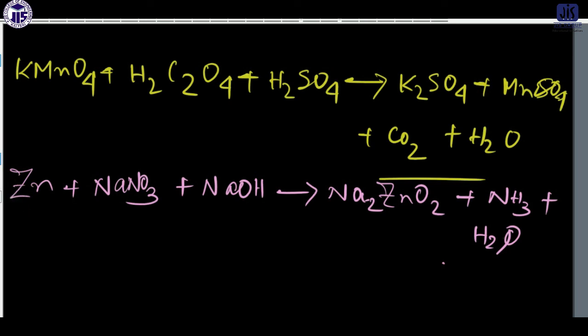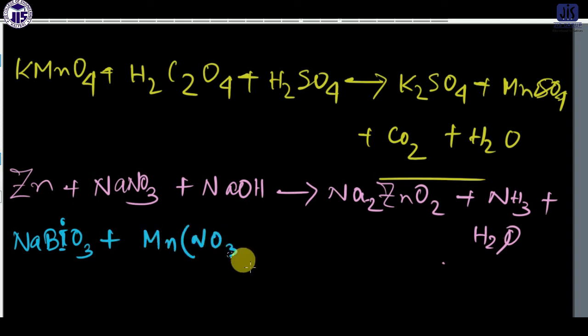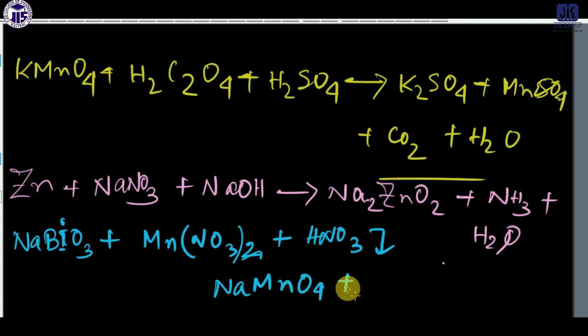Like NaBiO3 plus Mn(NO3)2 plus HNO3, gives NaMnO4 plus Bi(NO3)3 plus H2O. This is another example where you have to balance the reaction.